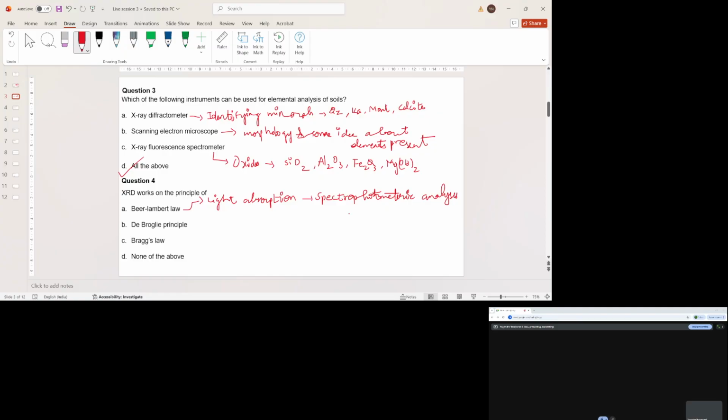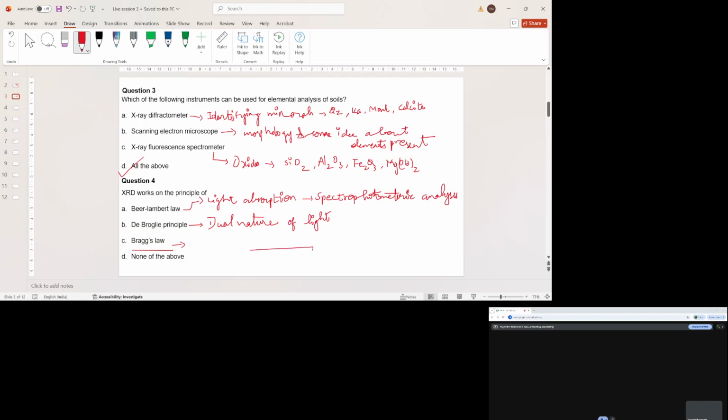Right. De Broglie's principle, we know that it is the dual nature of light, the wave-particle equation. And coming to Bragg's law, what is it?